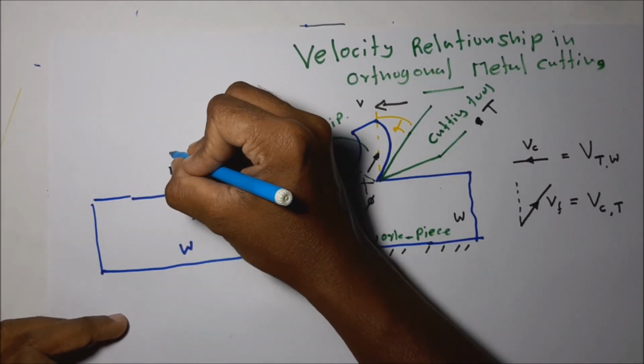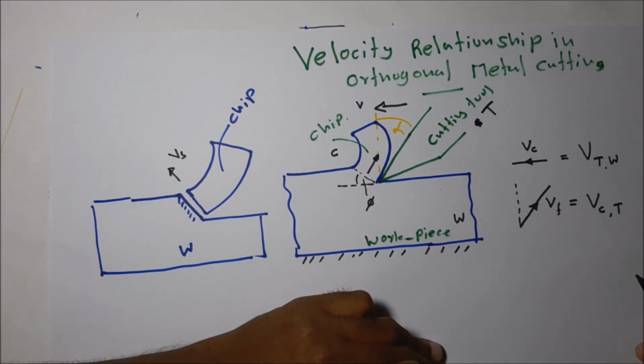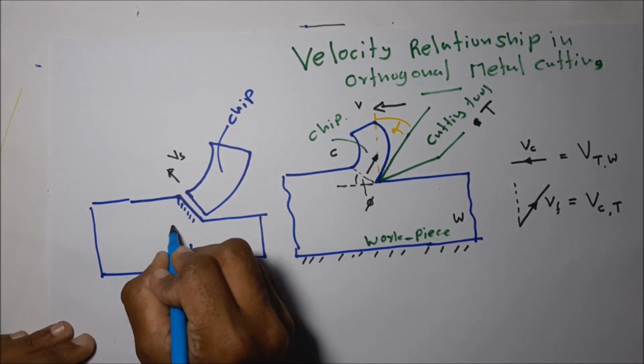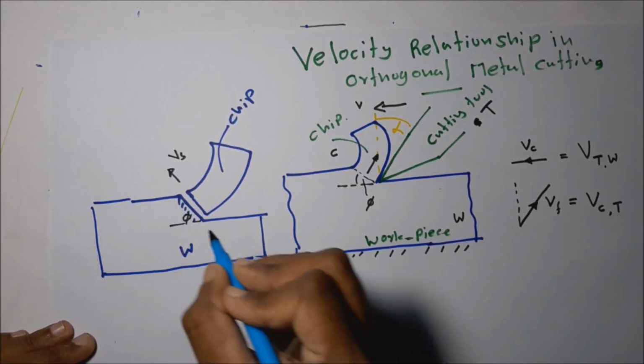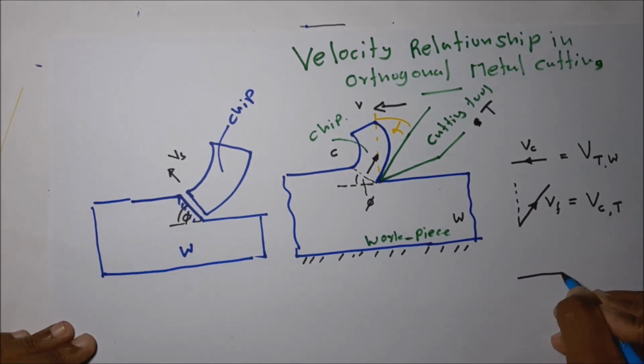This velocity is called Vs, the shearing velocity. That one also we can represent by a vector. This angle is phi. This velocity vector is at an angle phi to the horizontal.